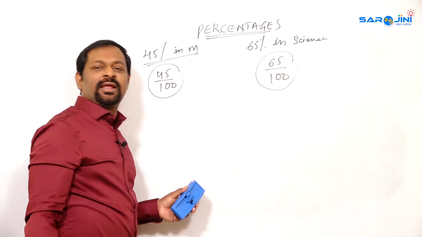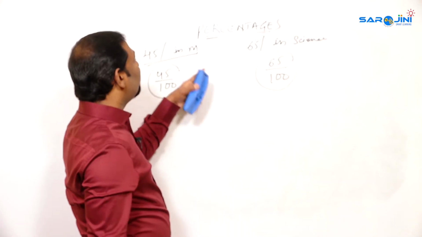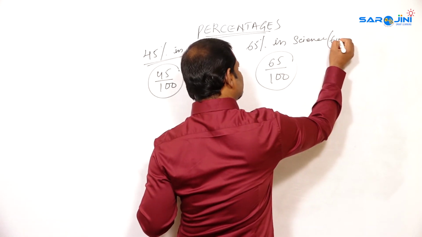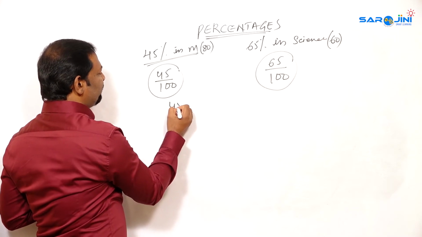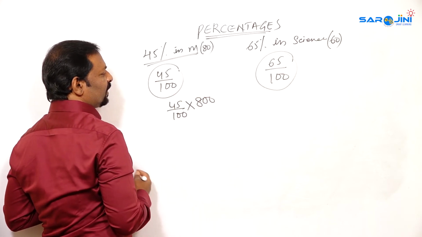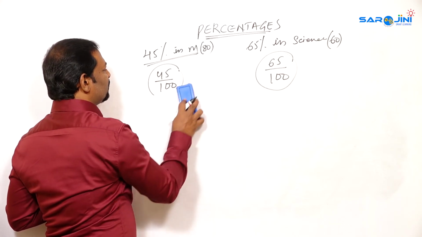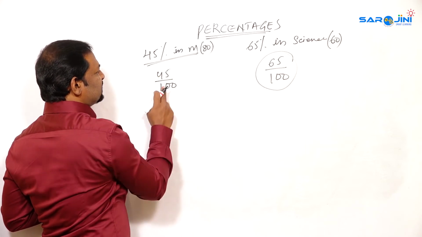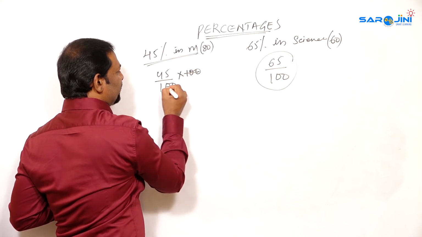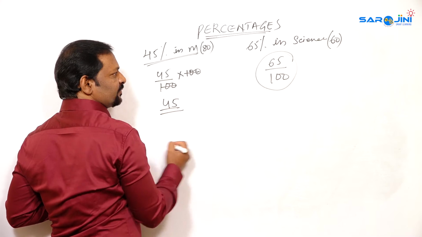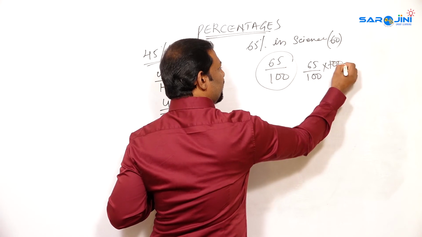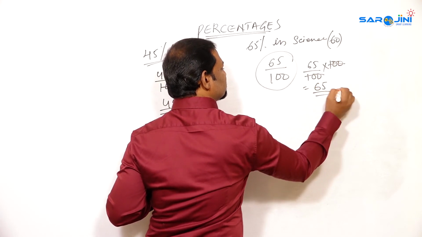In this way we calculate. Generally we calculate for 100, so the 100 gets cancelled, and you got 45 marks. Here 65 by 100 into 100, the 100 gets cancelled, you got 65 marks.